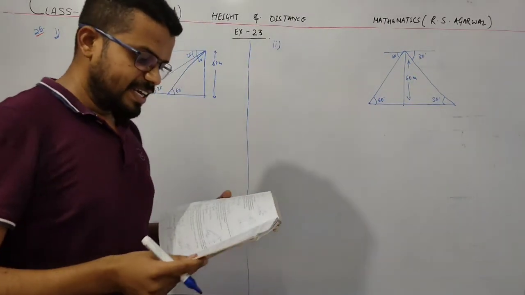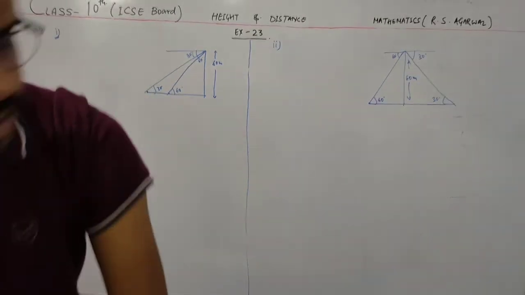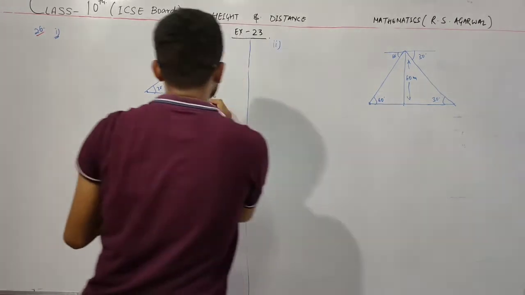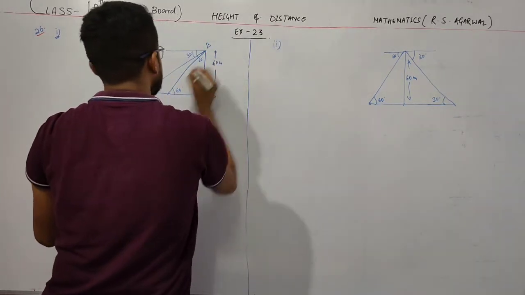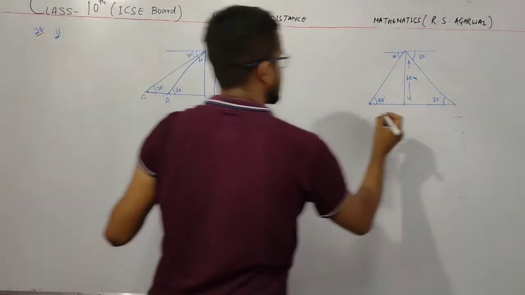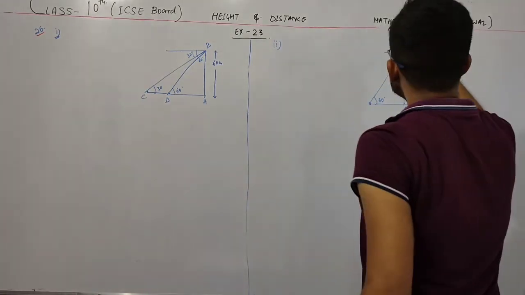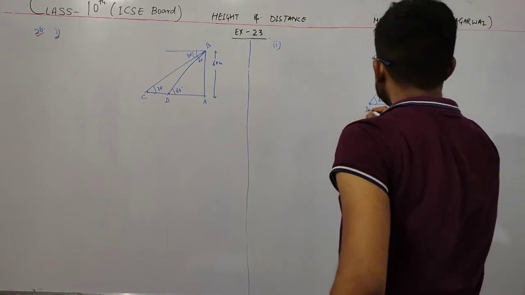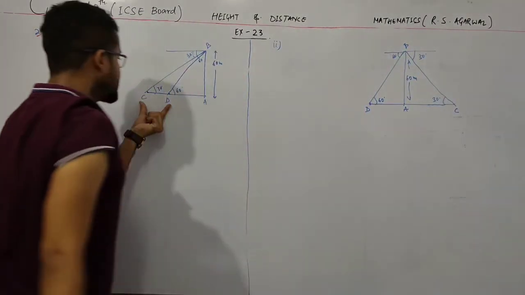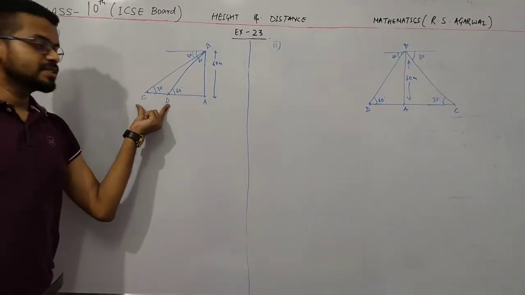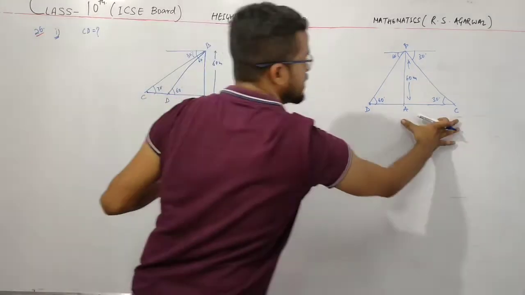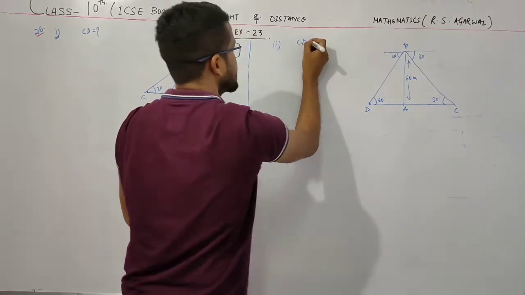We have to find the distance between the boats. Here this is A, B, C and D. We have to find the distance between both the boats, which is CD. Here we have to find this CD and here we have to find this CD.